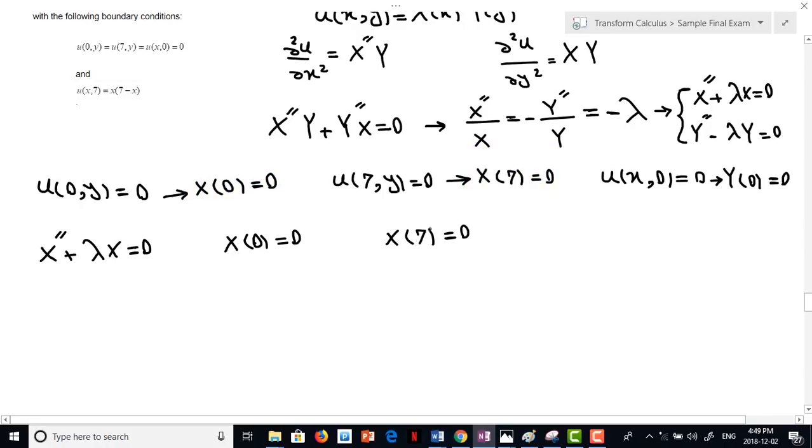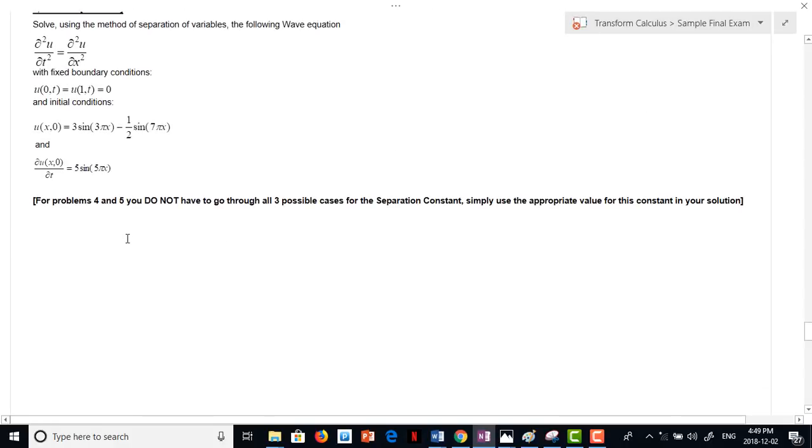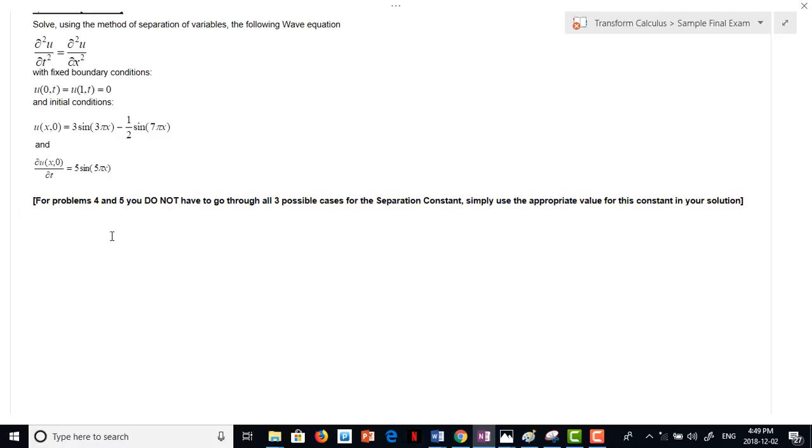In order to solve this problem, we have to consider three cases for lambda. But in the final exam, at the end of the second question, it says that for problems number 4 and 5, you do not have to go through all three possible cases for the separation constant lambda. In fact, simply use the appropriate value of this constant in your solution.